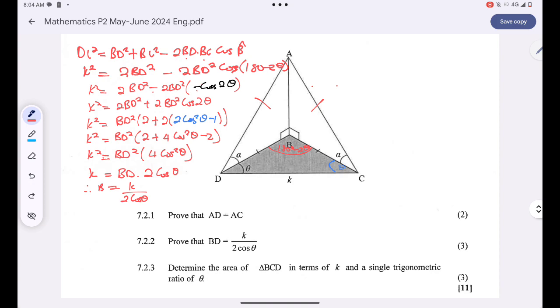I want to find the area of this triangle over there, so how can I do that? Let me use a different color.